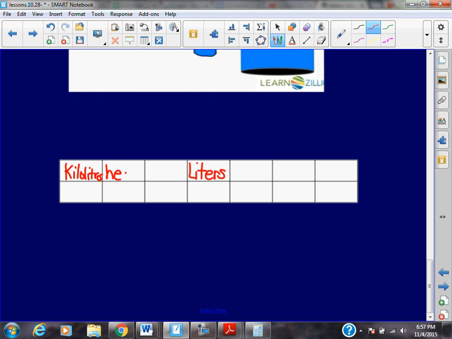We have hectoliters, and I'm not going to put the suffix on everyone, you know what I mean. There's decaliters. It's very much the same. Our liters, we have deciliters, centiliters, and milliliters.